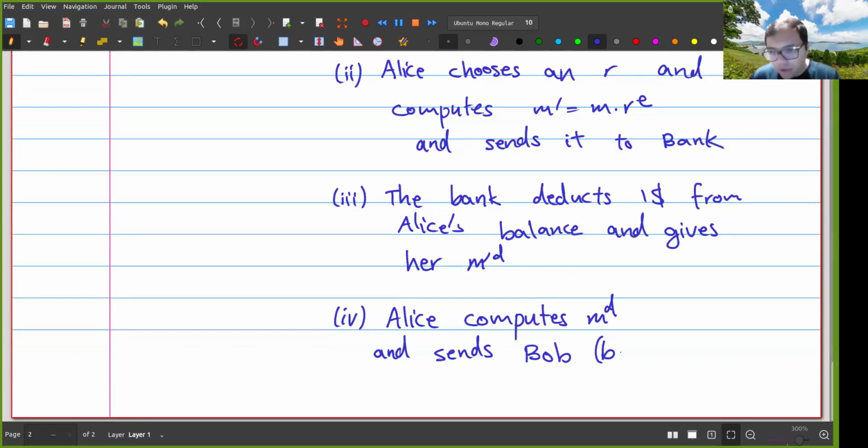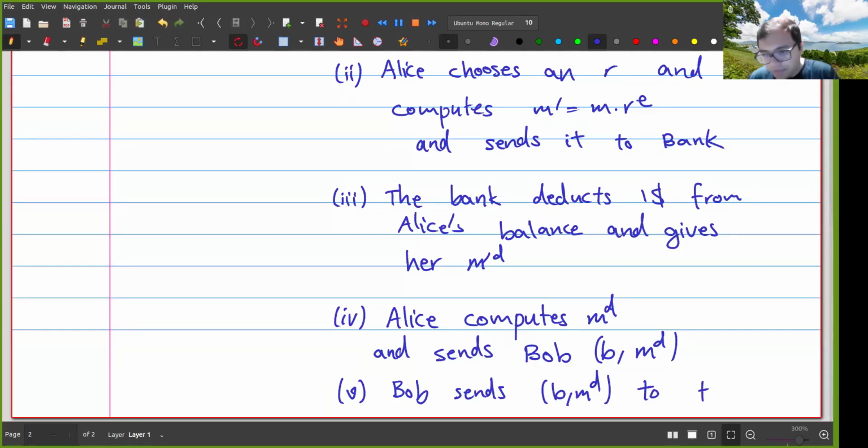And I'm also going to give Bob the signature, which is the signature on the hash of this banknote. So this already shows Bob that this is a valid banknote, okay? But as soon as I give this to Bob, Bob will deposit it with the bank. So Bob sends B and M to the power of D to the bank.